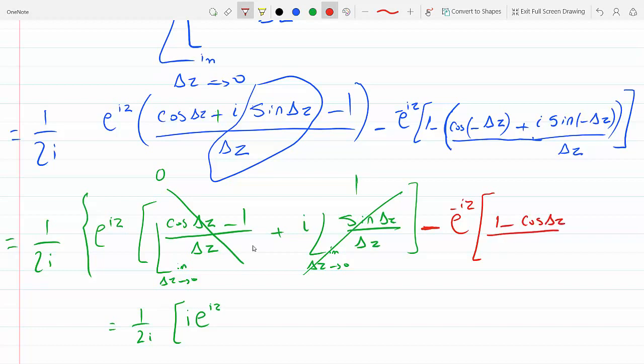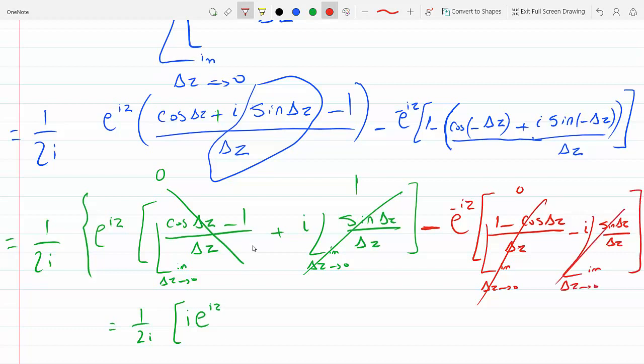Cosine is an even function, right? I could pull the minus sign outside if I want, it doesn't really matter. The limit will not change. The limit as delta z goes to 0, this is 0. This becomes minus I sine delta z over delta z, and we will take the limit as delta z goes to 0.